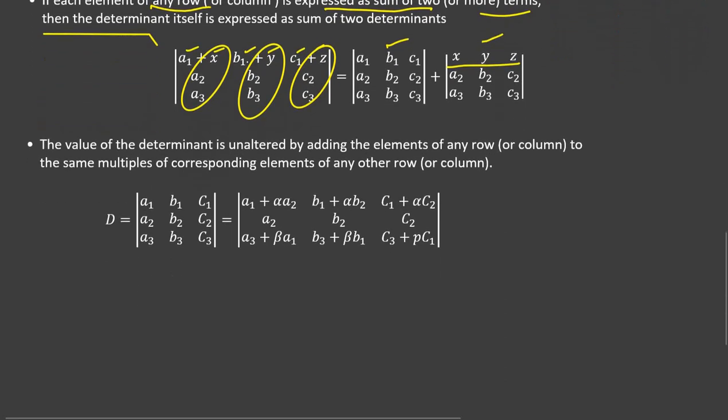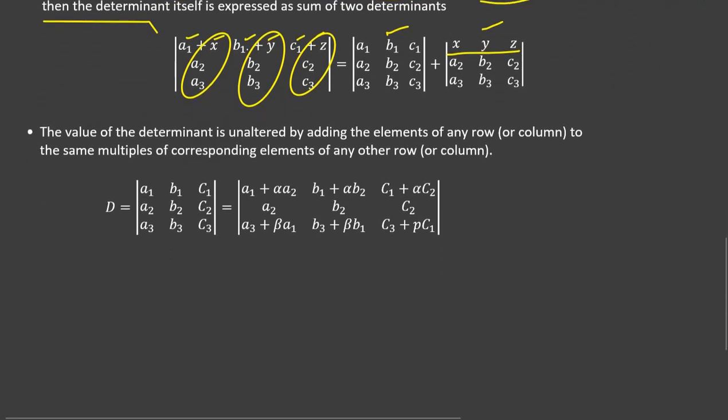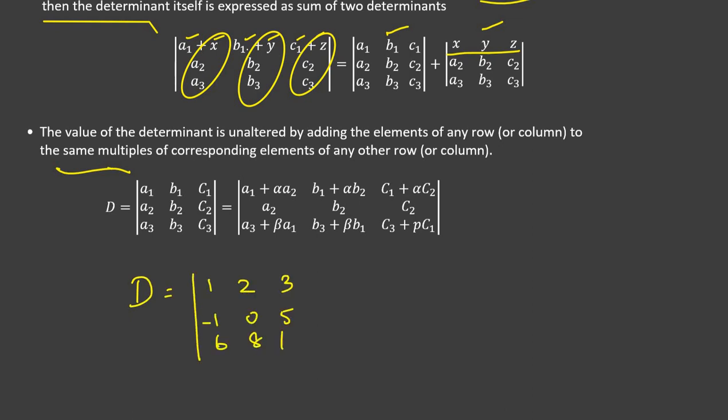Next property: the value of the determinant is unaltered by adding to any row or column the same multiples of the corresponding row or column of the determinant. For example, I take a determinant D equal to 1, 2, 3, minus 1, 0, 5, 6, 8 and 10. Then this determinant will be equal to, I replace R2 with R2 plus 2 times R1.